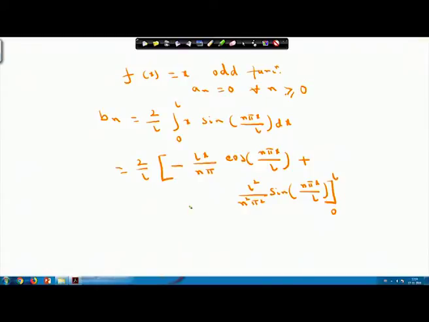So, if I substitute the limits over here, your b_n you will obtain as 2 by L into minus L square into cos n pi by n pi, which is nothing but minus cos n pi.